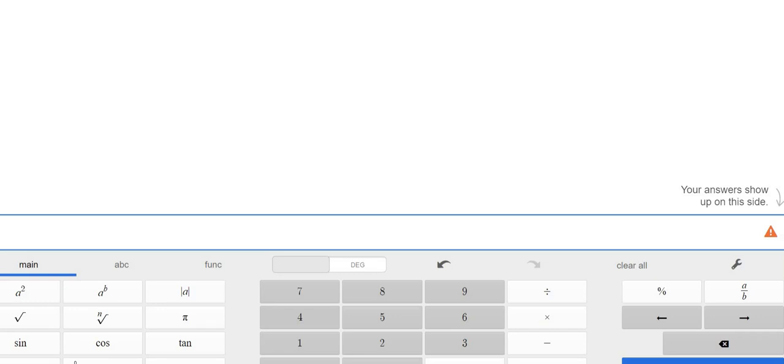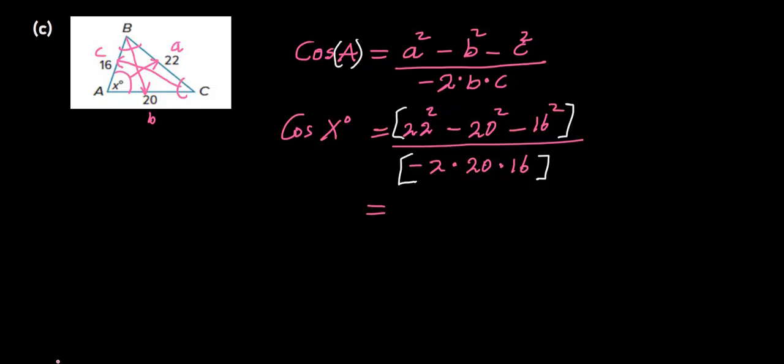So 22 squared minus 20 squared minus 16 squared gave us negative 172, negative 172 over, so now let's work on the denominator.